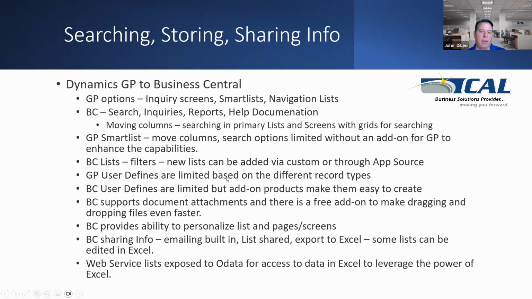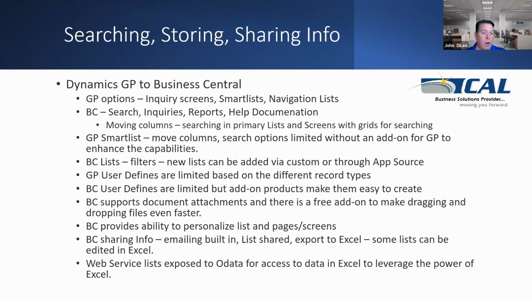So GP user defined fields, obviously, are very limited without an add-on product for GP. Depending on what records you're looking at, you can give it a label and then it shows up on screen, but they are limited without add-on products for GP. The same thing is essentially true with BC. You don't really have a lot of user-defined fields that you can just create on the fly.